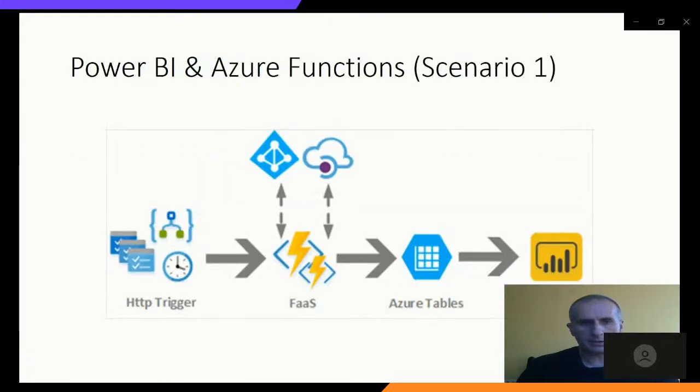We have several options for integration also using Azure Functions. In one of these options, we need to have Azure Functions which will read updates from Azure Storage or another storage, and based on this, will update Power BI. This is probably one of the most popular scenarios.